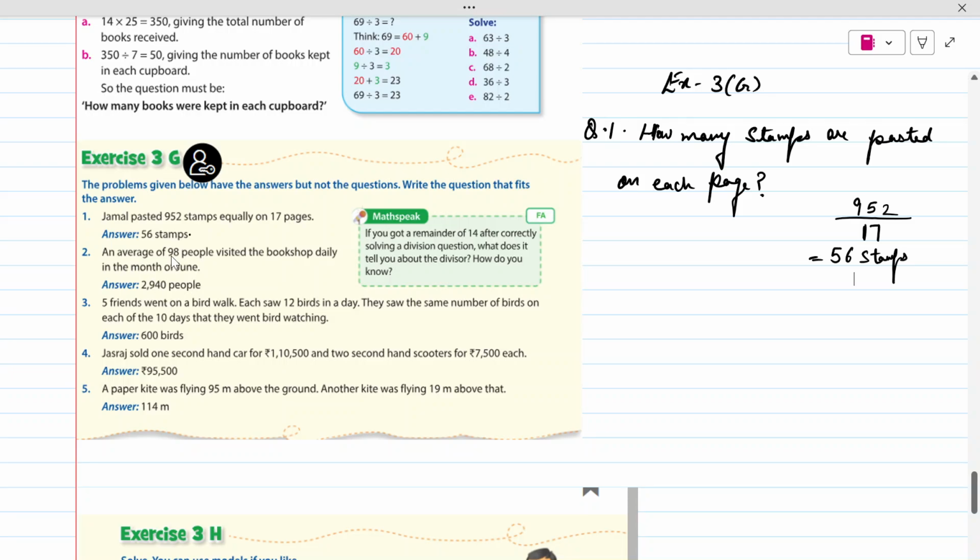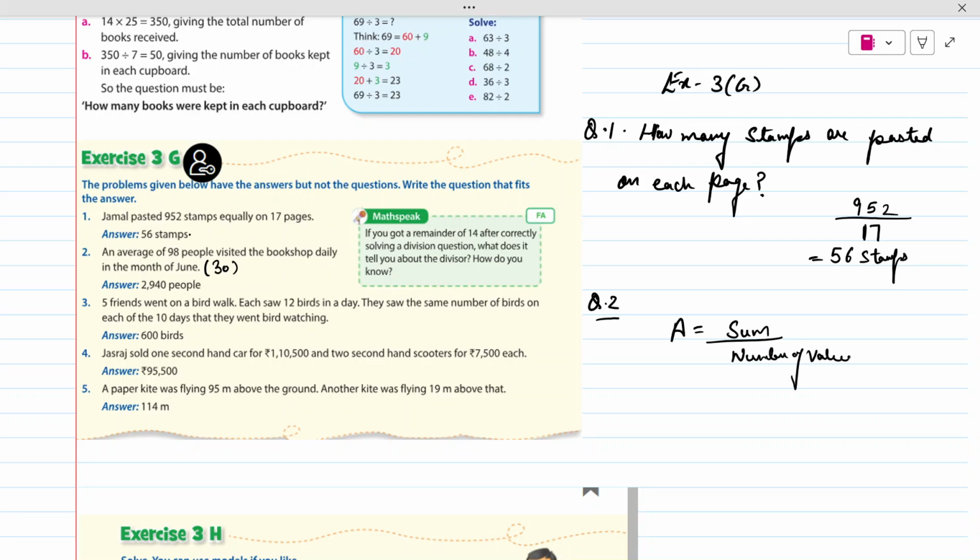Next question is, an average of 98 people visited the bookshop daily in the month of June. So question number 2 is, in the month of June, which has 30 days, 98 people visited the shop daily, and then we are given the answer. We know that average is equal to the sum of all the values divided by the number of values.